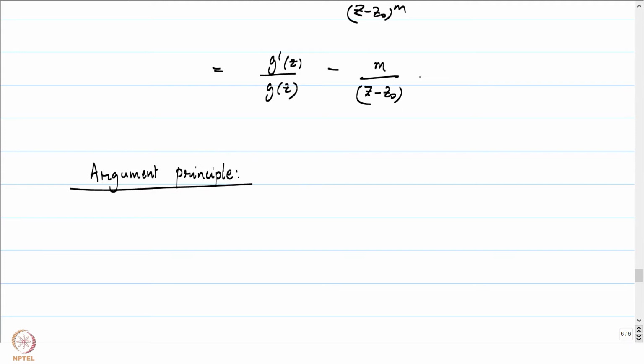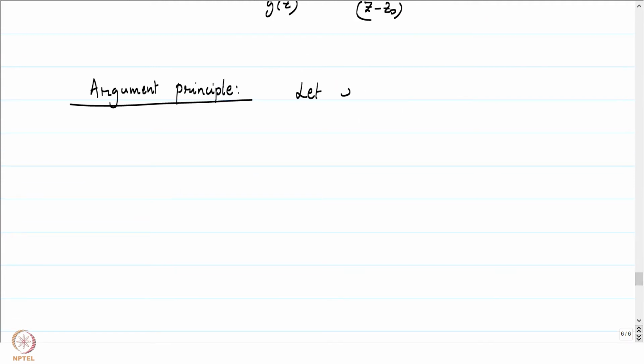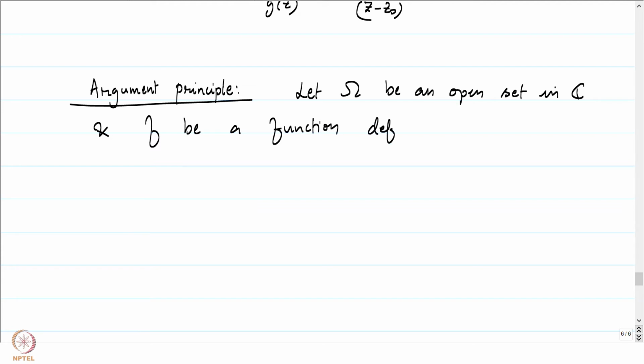Let omega be an open set in C and f be a function meromorphic on omega, defined on omega, such that it has zeros of certain orders at z1, z2 up to zn, such that f has zeros of order d1 to dn.